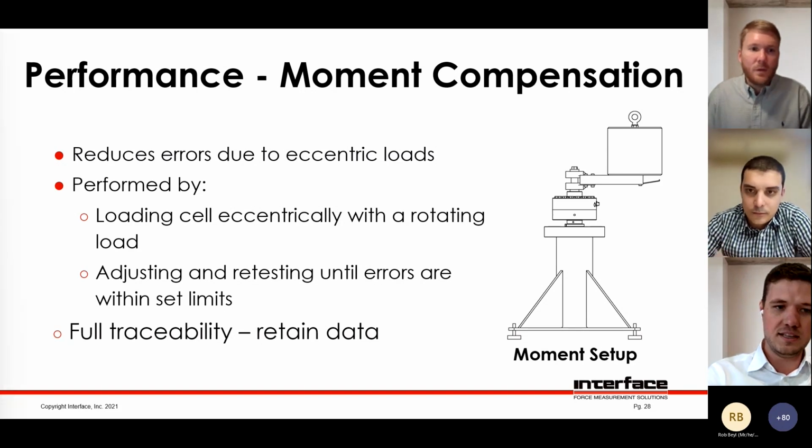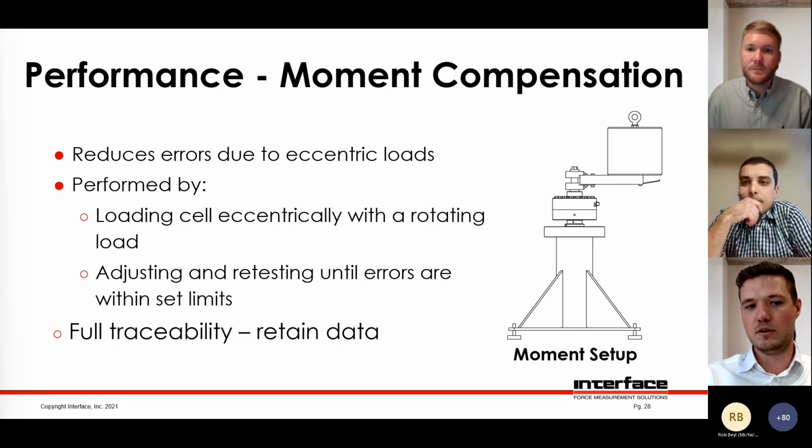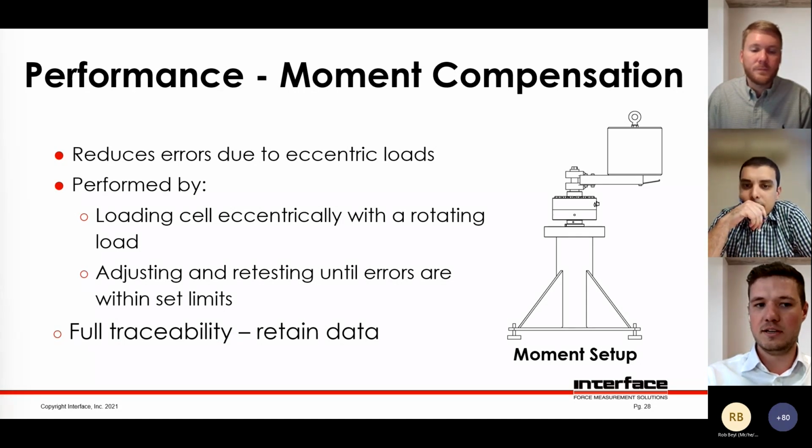One of the key things about that is all of the data points are recorded and stored, so it's fully traceable. So if ever you wanted to see the moment compensation data for your specific load cell, you could ask us for that, and we should be able to supply it for you.